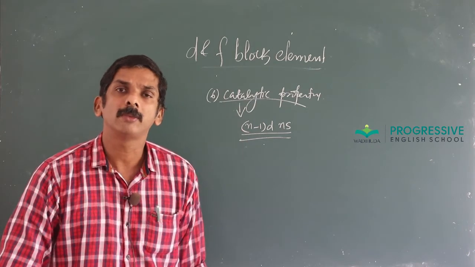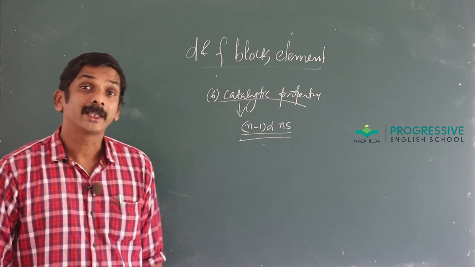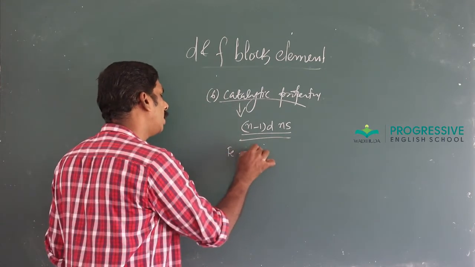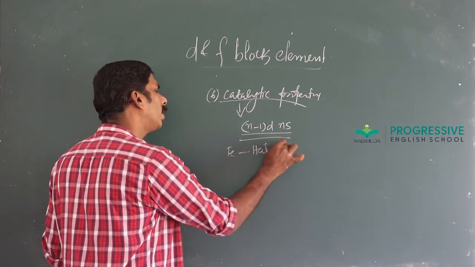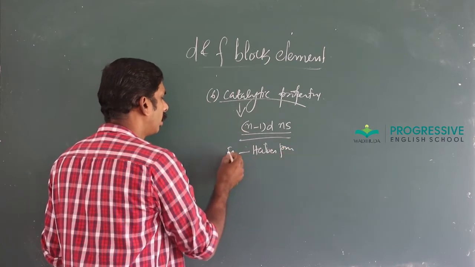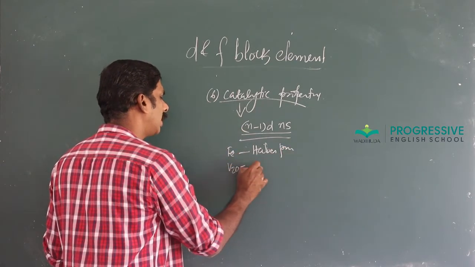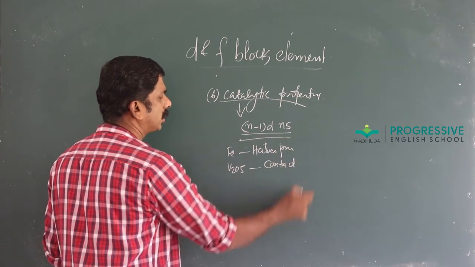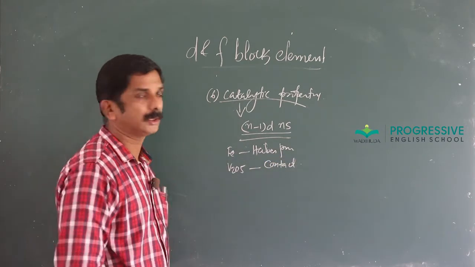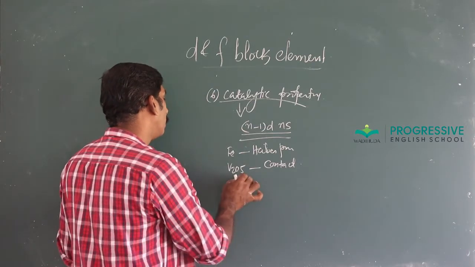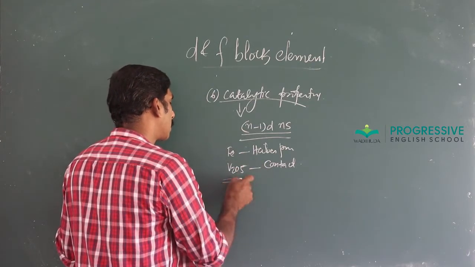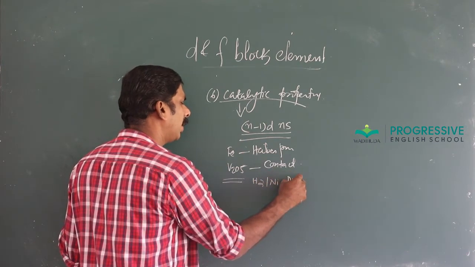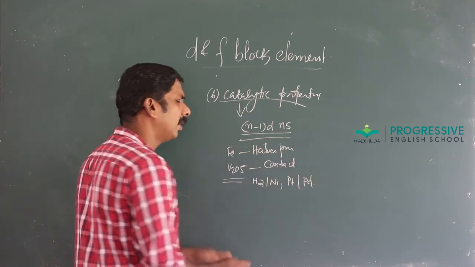Therefore, transition metals act as catalyst in various reactions. Example, spongy iron in the Haber process, vanadium pentoxide in the contact process for the manufacture of sulfuric acid, and catalytic hydrogenation in the presence of nickel, platinum or palladium as catalyst.